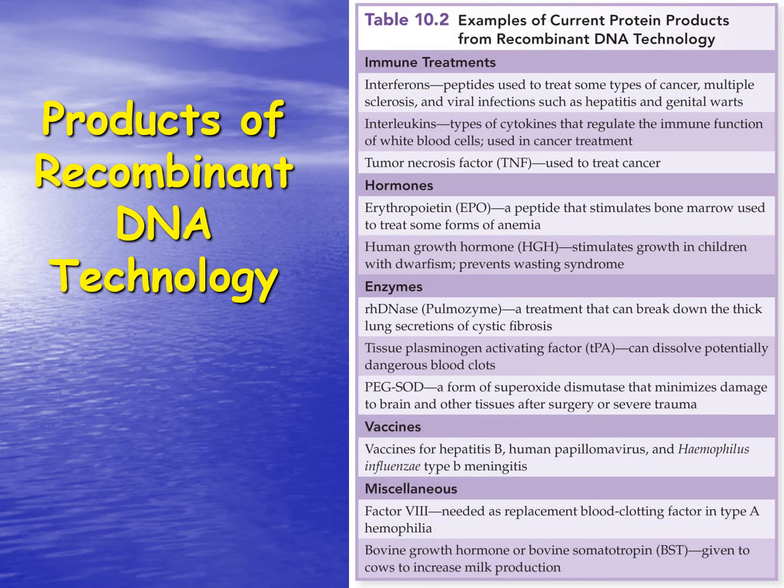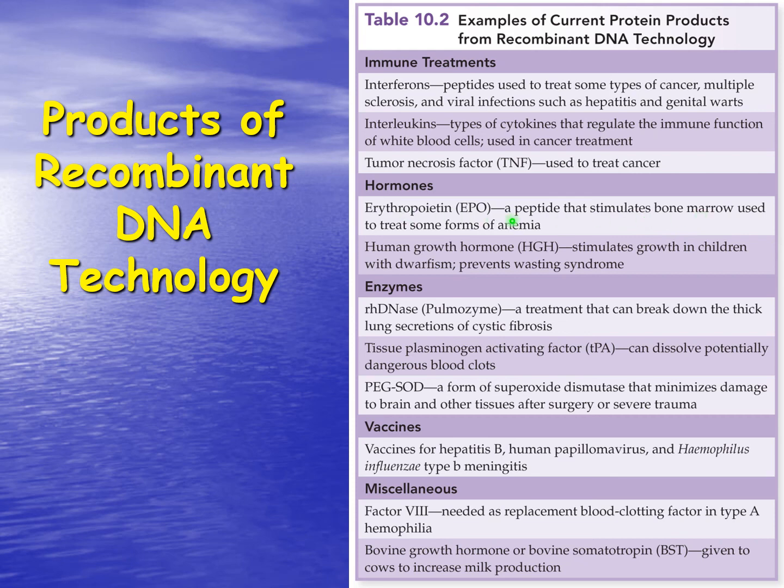And this table is not an all-inclusive table of recombinant DNA technology products, but certainly interferons, interleukins, which are a type of cytokines that regulate immune function, and tumor necrosis factor that can be used to treat cancers. Erythropoietin, which is a normal hormone in the body that stimulates bone marrow to actually make red blood cells.